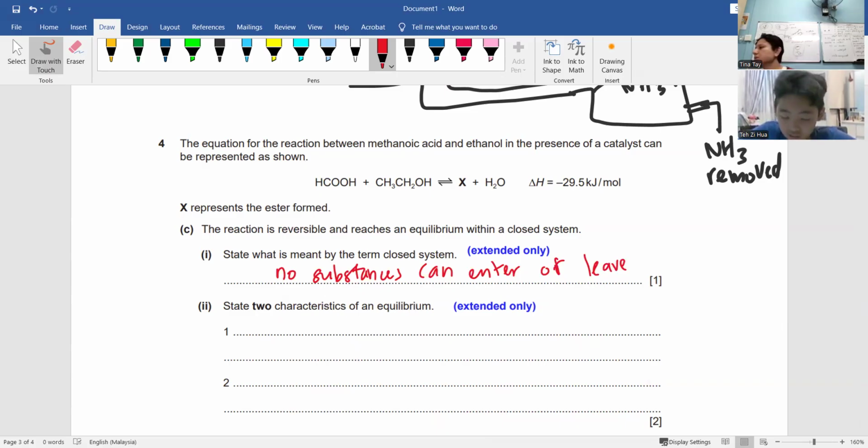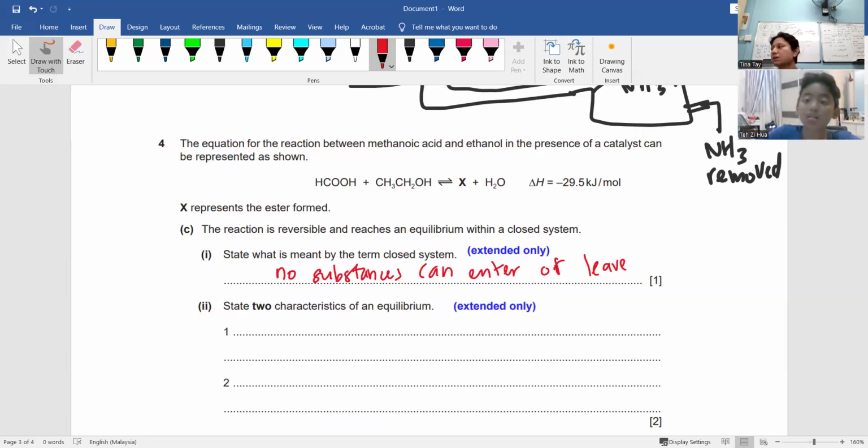Rate of forward reaction equals rate of reverse reaction. Concentration of what? Concentration of reactant and product remain the same.